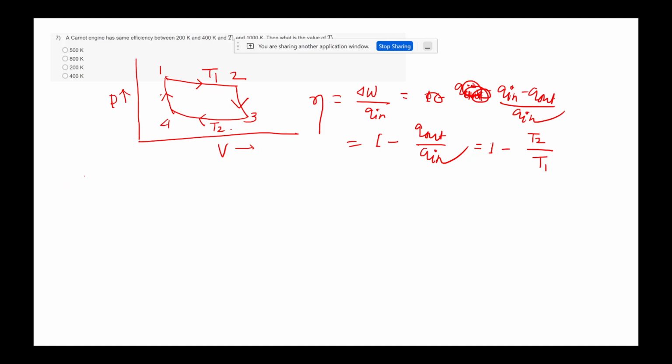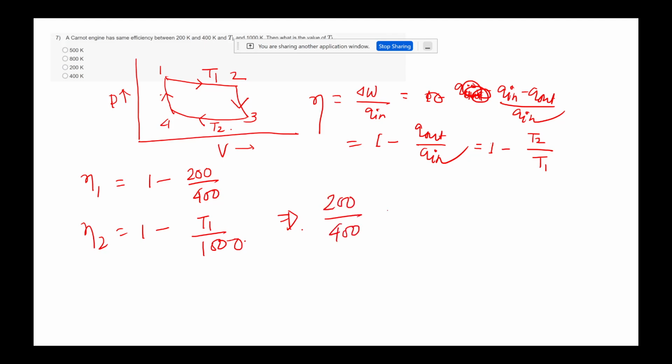Now first, eta 1 is the same as 1 minus 200 by 400. The second one says 1 minus T1 by 1000. If you equate both of these, we get 200 by 400 equals T1 by 1000.